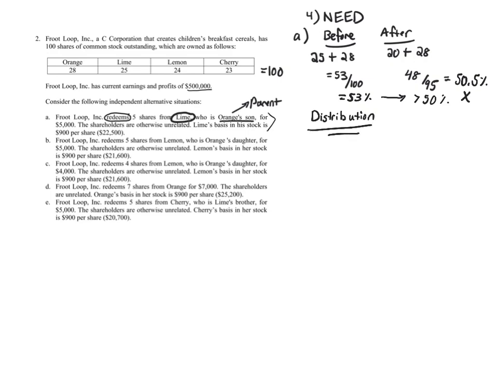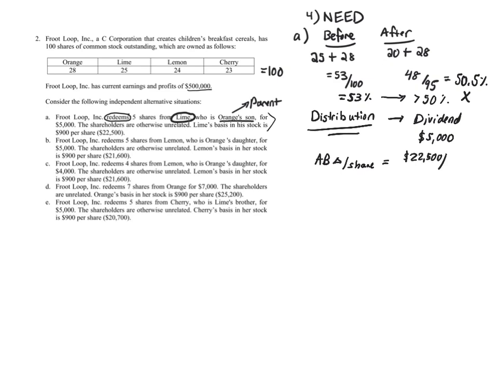If it's treated as a distribution, since we have $500,000 of earnings and profits, we have enough E&P, it's all going to be a dividend. So it's a dividend of $5,000. And finally, the adjusted basis changes per share. The way we calculate that is we take the adjusted basis in Lime stock before, which is $22,500, given to us.